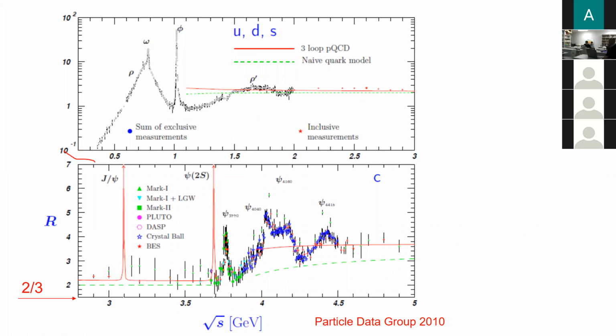Then if you compare with the data, you will find that this R value measurement is actually pretty good. For the low energy part, which basically involves the 3 different flavors, the ratio almost exactly falls on the prediction of the quark model.